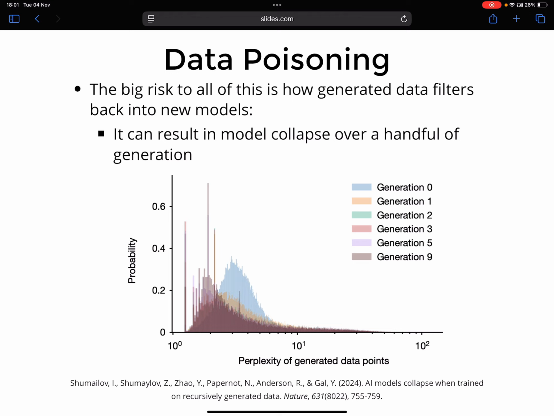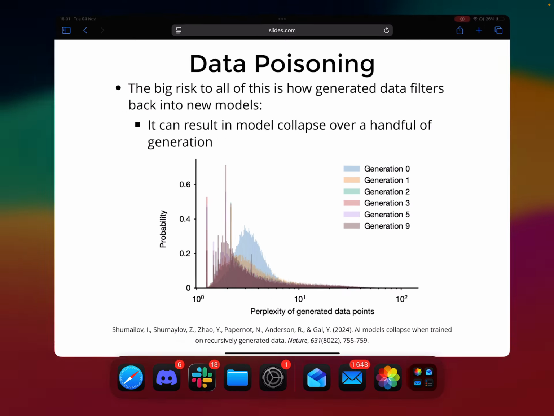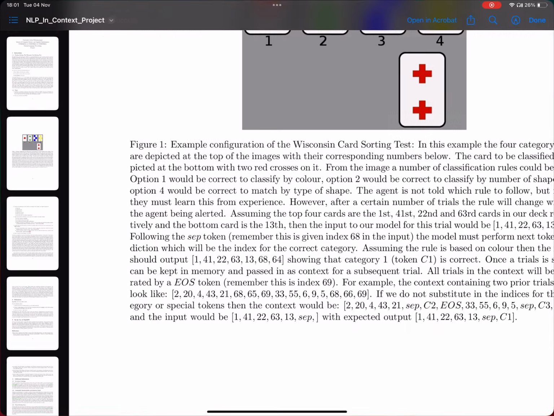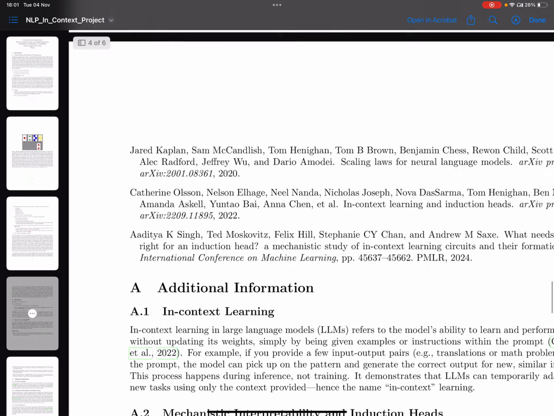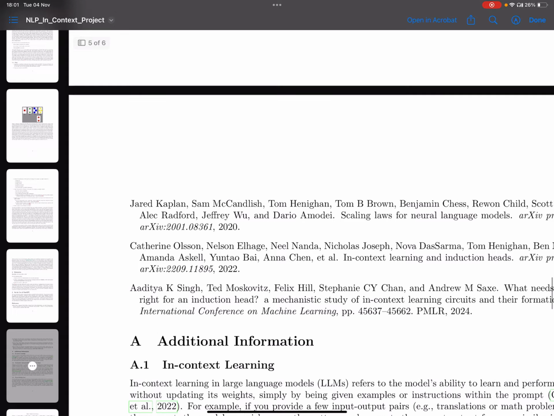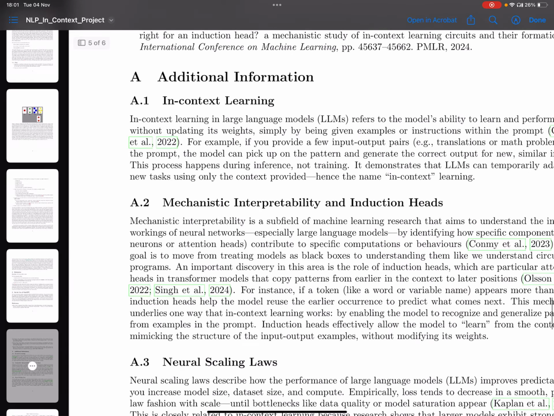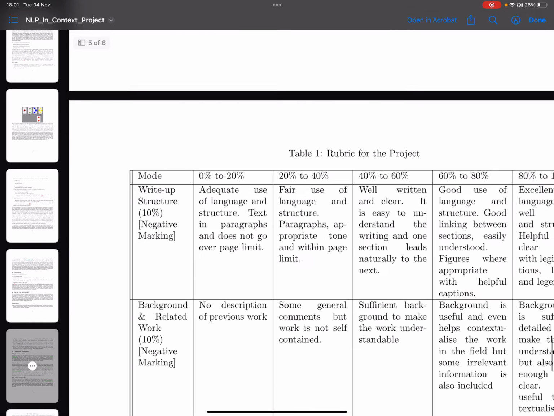Again, this was more of a broader thing, a last little recap of the most modern ideas, but also hopefully tying the bow on your project, which I did just open here. A lot of the papers that I've referenced are sitting in these references. You can see things like in-context learning, mechanistic interpretability, neural scaling laws.